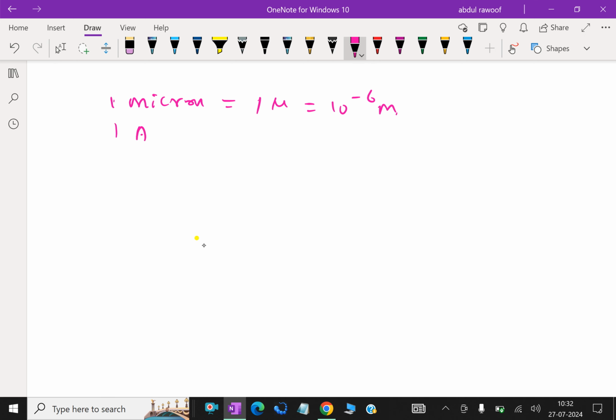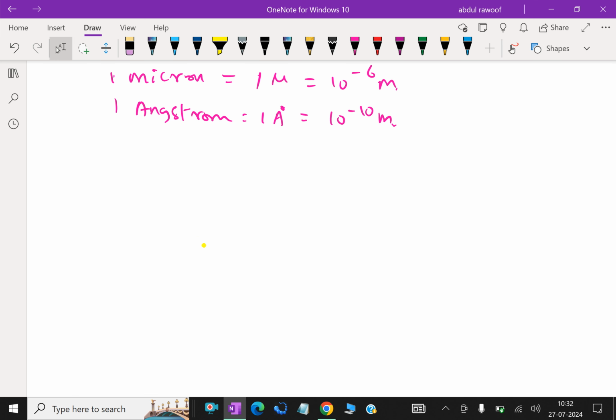Same, 1 angstrom is equal to 10 power minus 10 meter. 1 Fermi, we use 1 F, is equal to 10 power minus 15 meter.